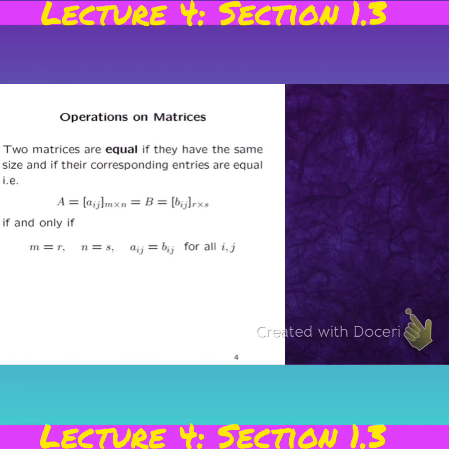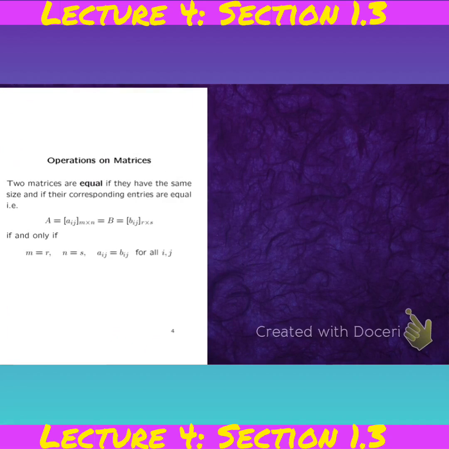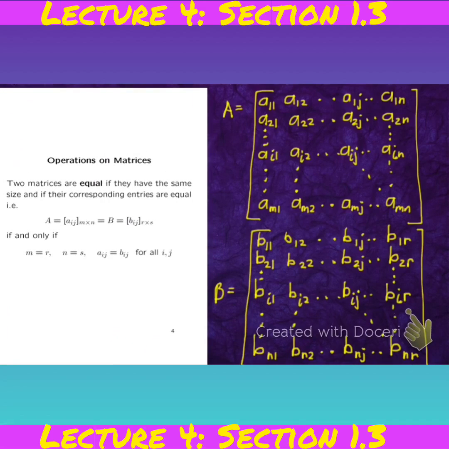Right, so again, let's illustrate that just with an example. So there we've got two matrices A and B. A is an m by n matrix, and B is an n by r matrix. So what do you want? When can we say that the matrix A is equal to B? When can we write an equality sign there?